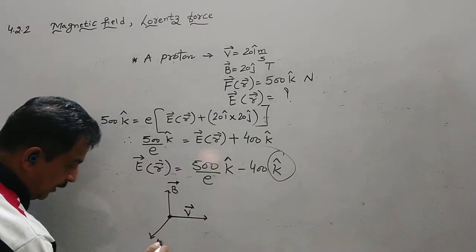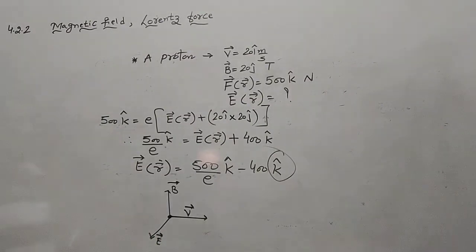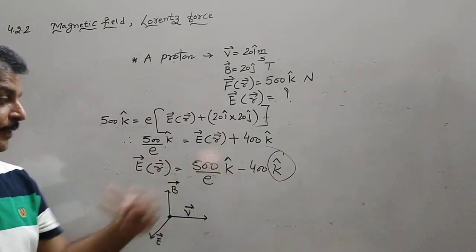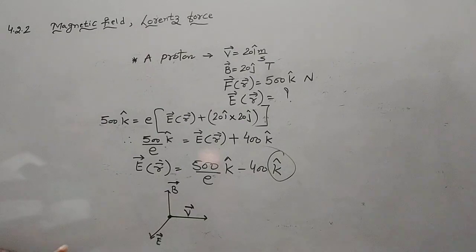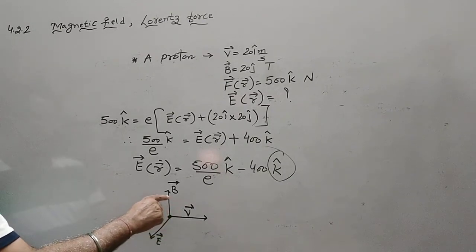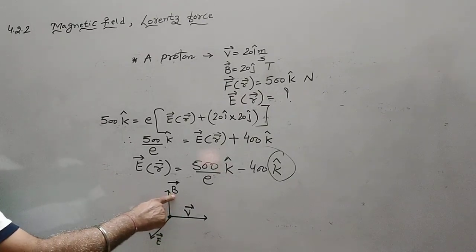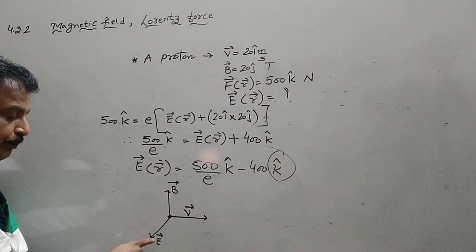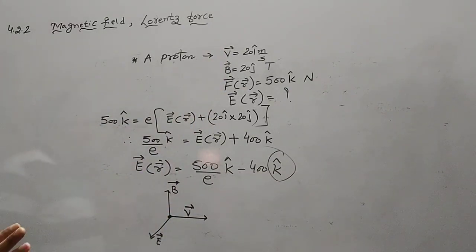So if a charged particle enters perpendicular to the magnetic field, it will also be perpendicular to the electric field.